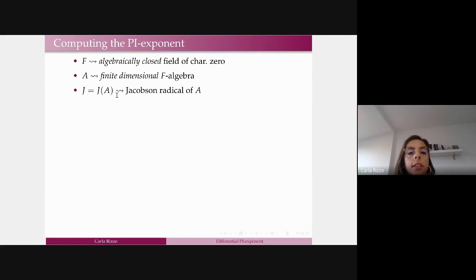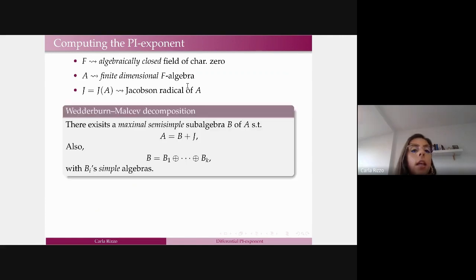And then we consider the Jacobson radical of A. Then we know there exists the well-known Wedderburn-Malcev decomposition, which tells us that there exists a maximal semisimple subalgebra B of A, such that A can be written as the sum of B and the Jacobson radical.